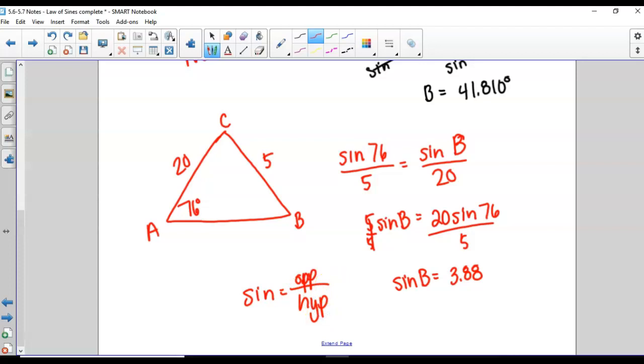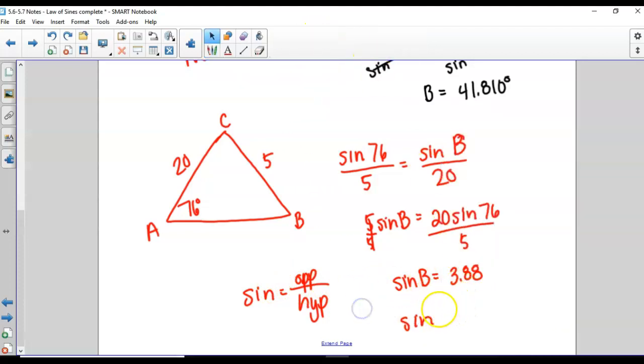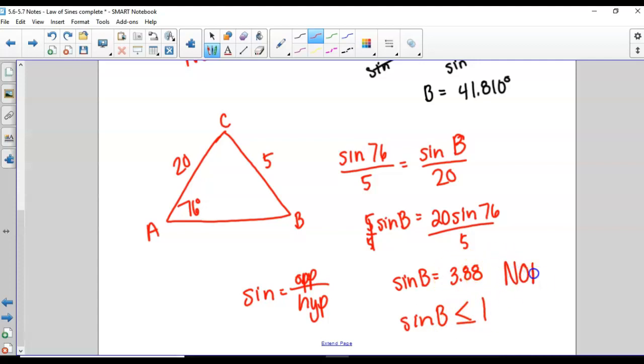Longest side. Sine can never be bigger than 1 because you're taking the opposite side and dividing it by the hypotenuse, which is bigger than whatever the opposite side was. So sine of B must be less than or equal to 1. It is not here, so that one would be none. There's no triangle that meets that requirement.